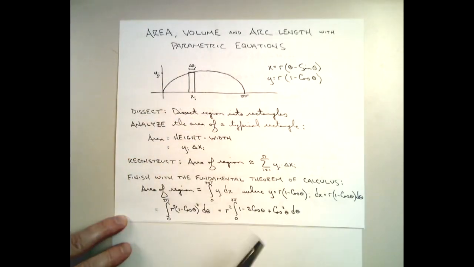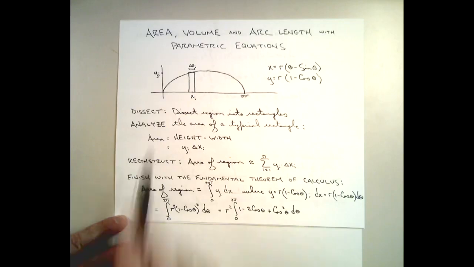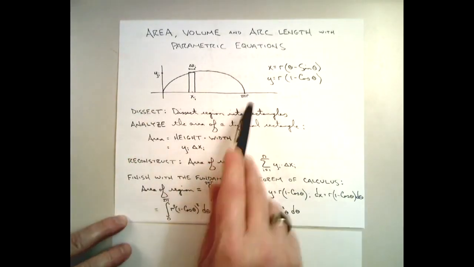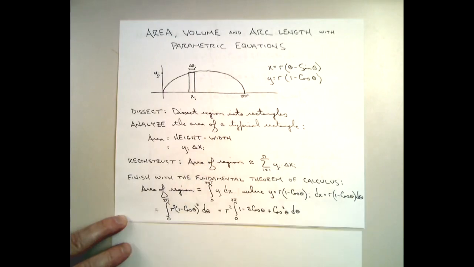So theta has gone through a total of 2 pi radians. So we're going from theta being 0, whenever x was 0, to theta being 2 pi when x was 2 pi r. And so this is the integral that we wind up with.